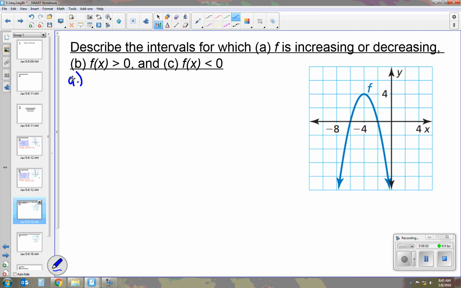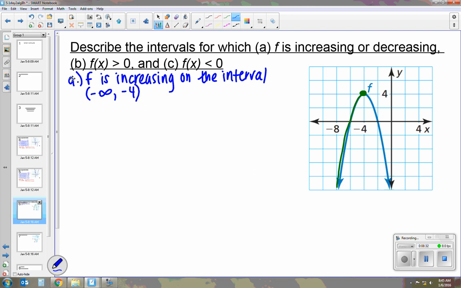So if we look at this, this graph is increasing from here to here. And the way we write this is f is increasing on the interval negative infinity, comma, negative 4, because it goes to the negative 4.